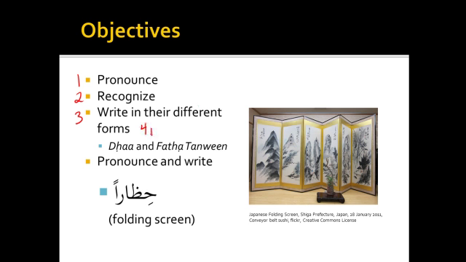And remember, there are four positions for each letter of the Arabic alphabet. And finally, our fourth objective is to write the Dhā and the Fath Tanween in a word. And the word we have for this lesson is حِضَارًا, which means a folding screen.